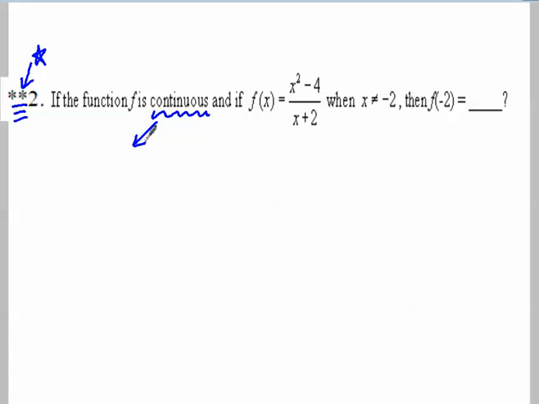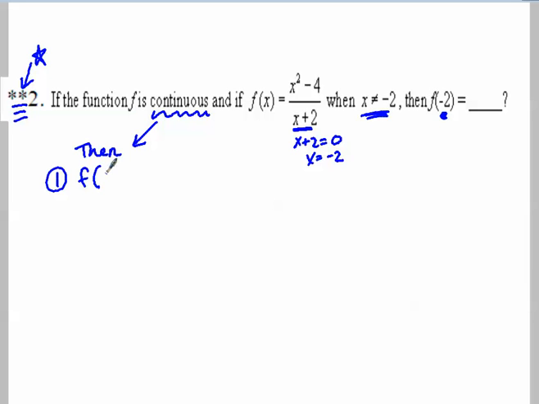So immediately, I want to think of the definition of continuity. One, f of -2, now I'm looking at that value of -2 when x doesn't equal -2. I see here that if I say x plus 2 equals 0, because there's a denominator, I get x equals -2. That's going to make my denominator 0, so that's a point of most likely discontinuity.